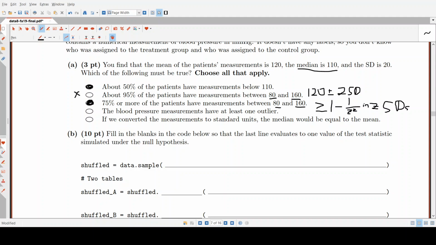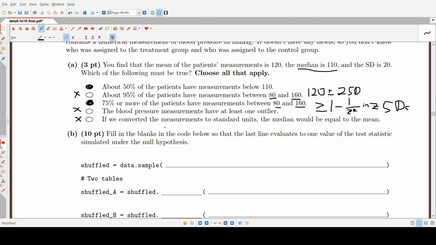Okay. The fourth option is that the blood pressure measurements have at least one outlier. We do not know this for sure. There could be a bunch, there could be none, but just by knowing the mean, median, and SD, we can't say anything about that. The last one is, if we converted the measurements to standard units, the median would be equal to the mean. And no, this would not be true.